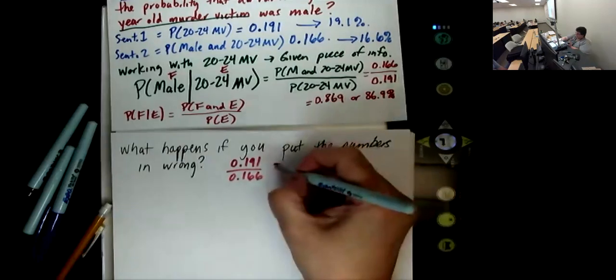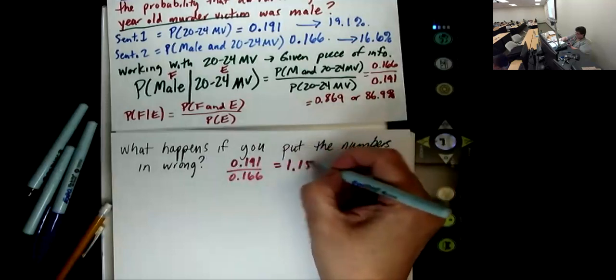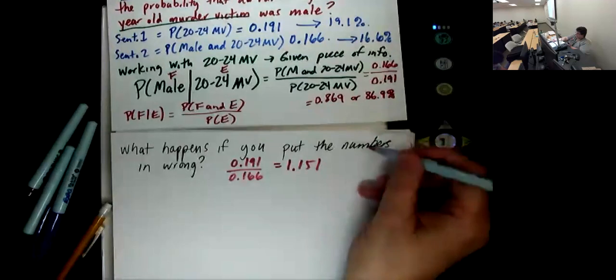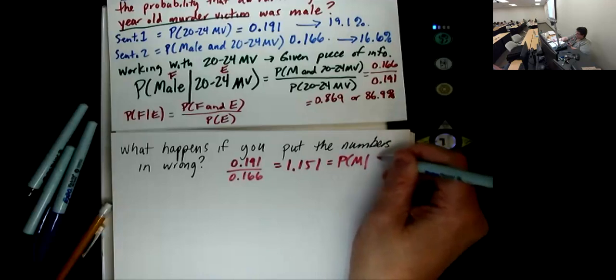You should get 1.151 to 3 decimal places. And that's the probability of male given the murder victim.